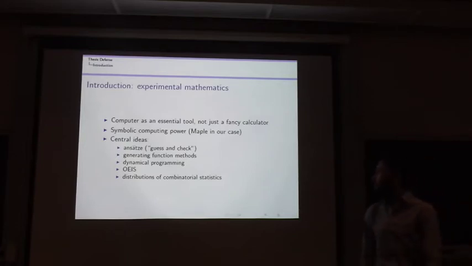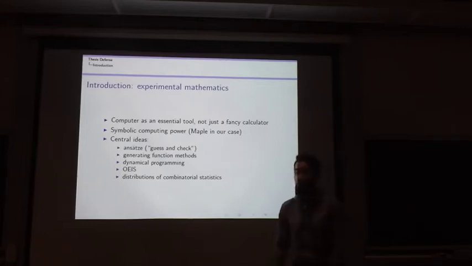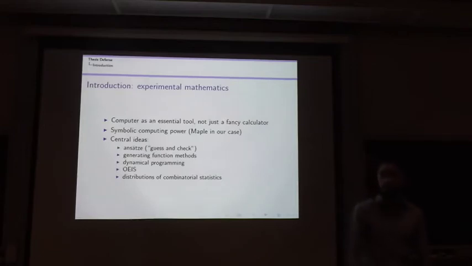We're also going to use a lot of generating functions, which I'll go over later, and dynamical programming. That's a way to implement a recursion, like the Fibonacci numbers, efficiently.